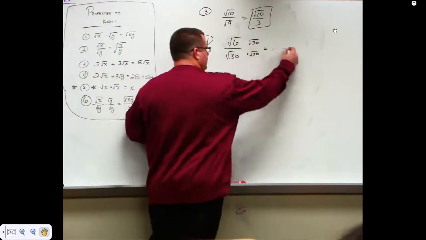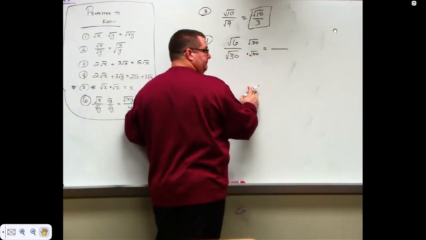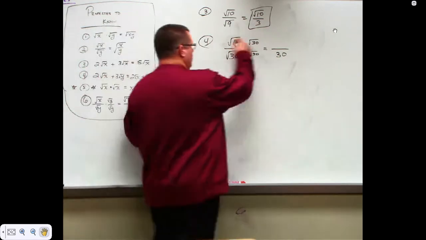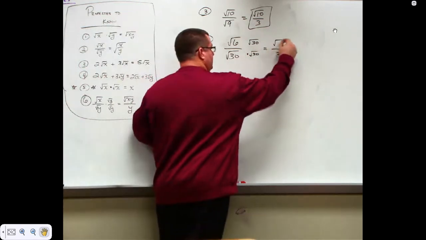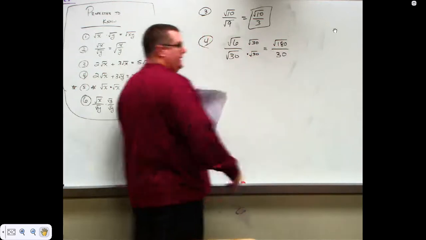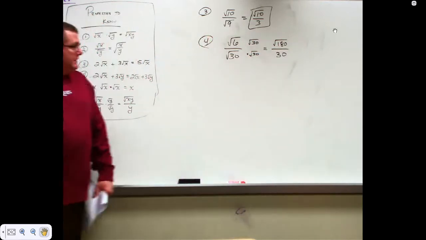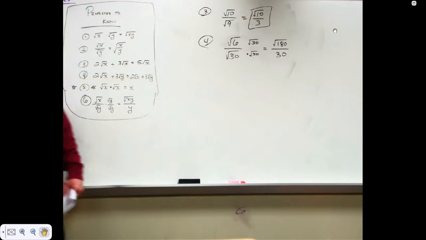What is square root of 30 times square root of 30? Anyone? Right? Well, what's square root of 6 times square root of 30? Square root of 180. Now, obviously there's going to be some simplifying to do there, isn't there? You guys see that over here? What's the largest perfect square that will divide into 180 evenly?